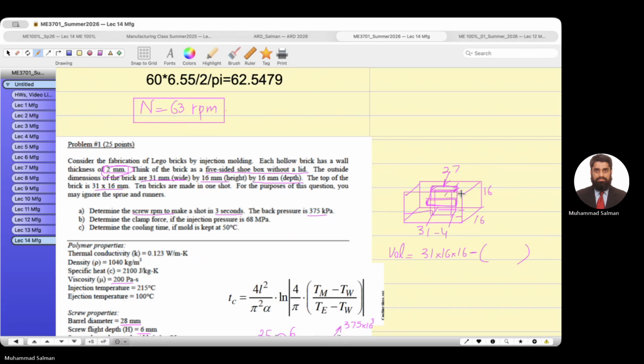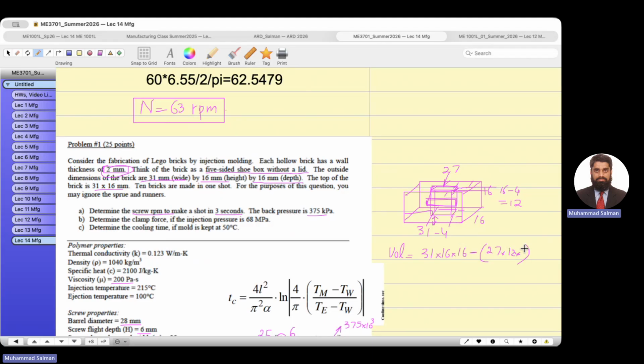And you have to subtract this. How much is this? 16 minus 4. 2 here, 2 here, is 12. 27 times 12, without the lid. So I will assume the bottom has a thickness of 2 millimeters.